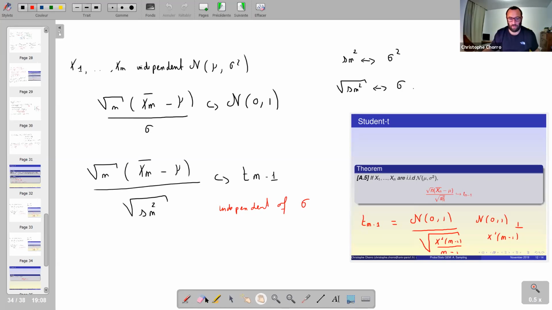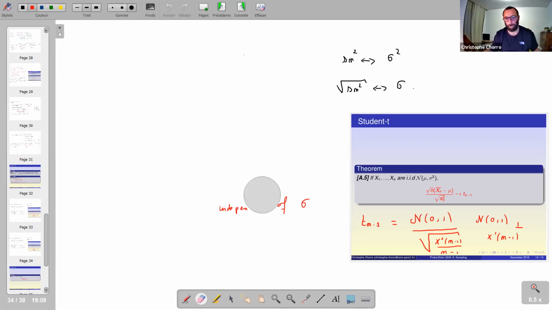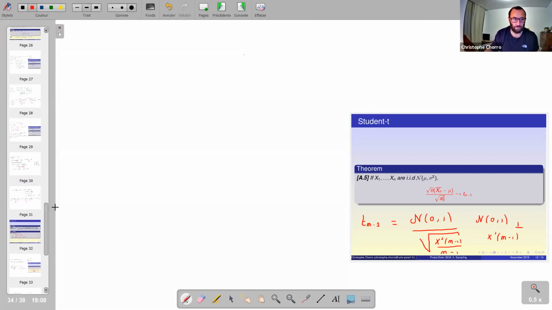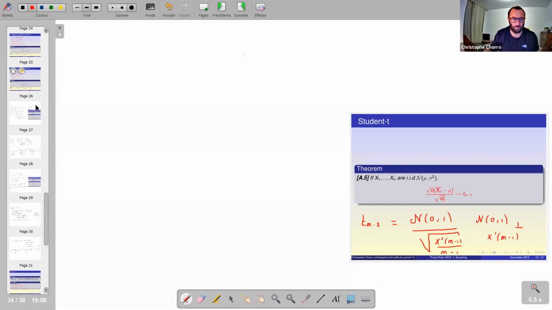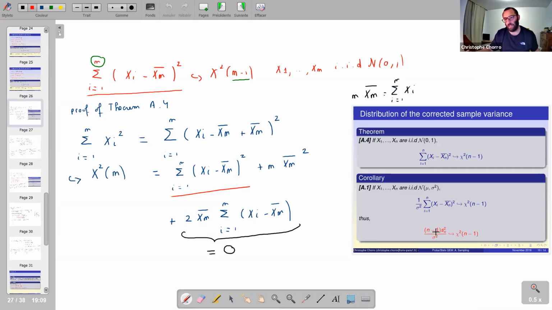So let's see what I know from what I have done previously. Previously, we have seen together that n minus 1 Sn square over sigma square follows the chi-square of parameter n minus 1.